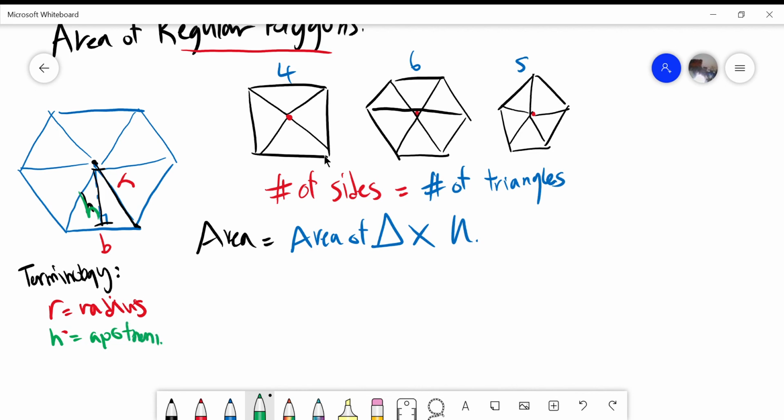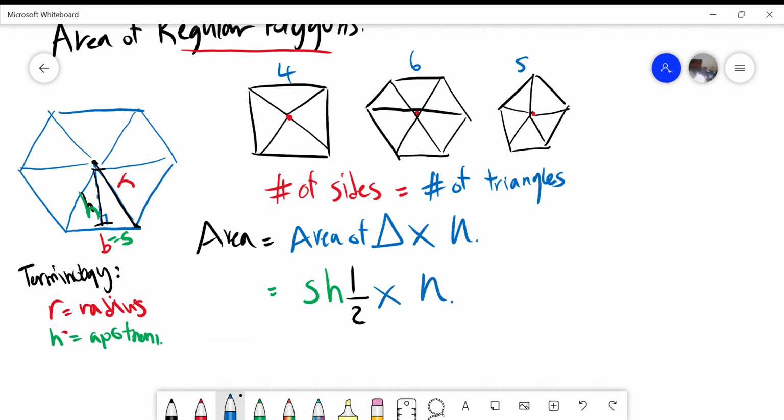Okay, so now we can move on. The area of the triangle is actually equal to the base, which is the length of the side, which we'll call S, times the hypotenuse, which we'll call H, times 1/2, times the number of sides.